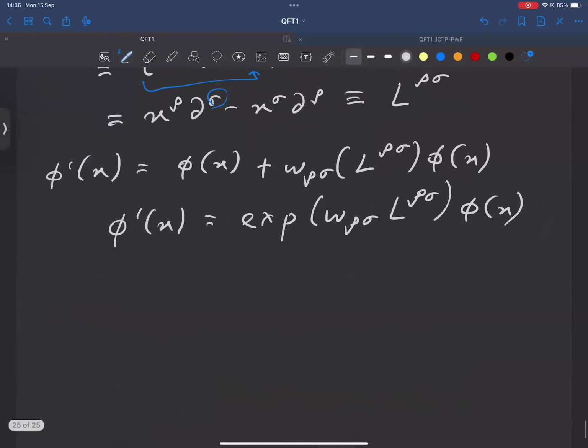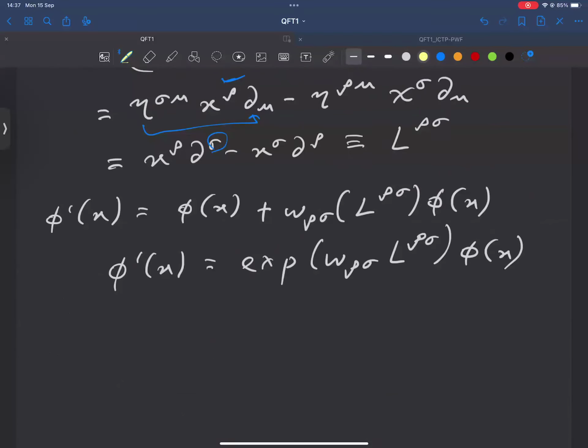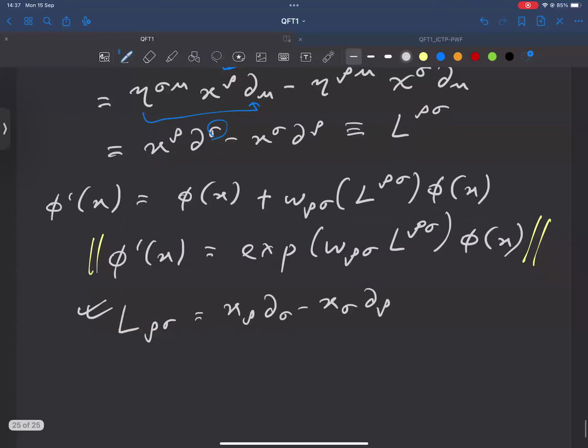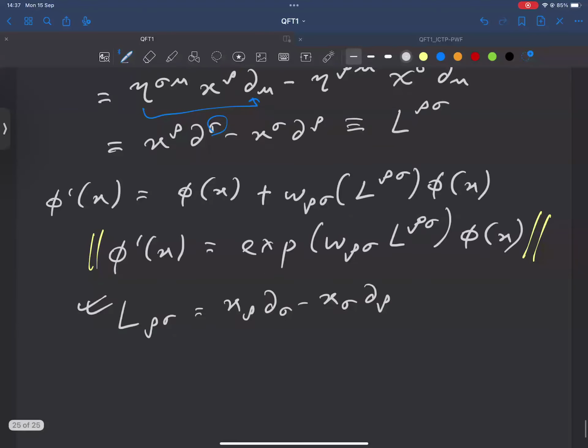So this is the action of a Lorentz transformation on a field. And here the differential operator that we got was this. You can again write it with all indices down as you prefer. So this is the differential operator that generates a generic Lorentz transformation when acted on fields, scalar fields in this case, particularly scalar fields.